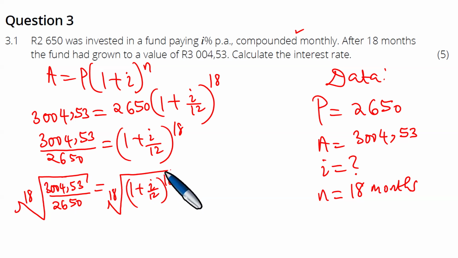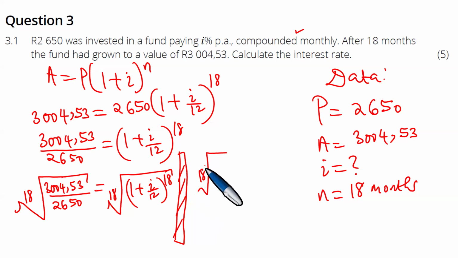So which means, therefore, we have 3004.53 over 2650 is equal to what?